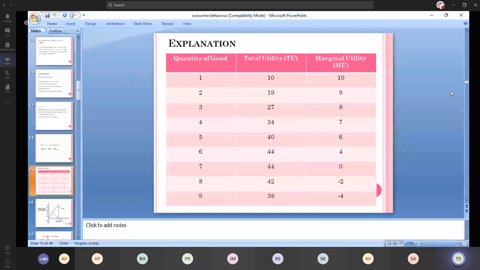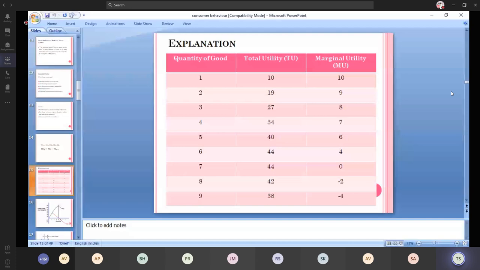Take a notebook. Measure the quantity on the x-axis, and on the y-axis the total and the marginal utility.